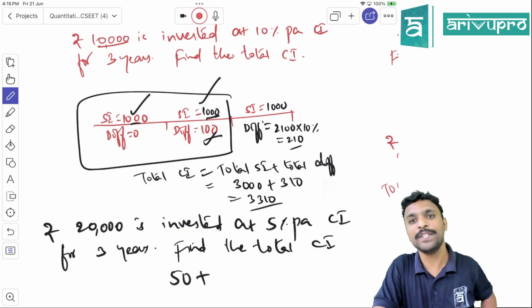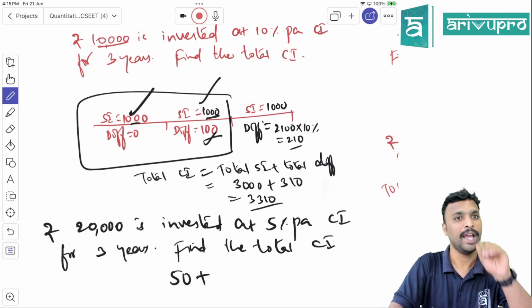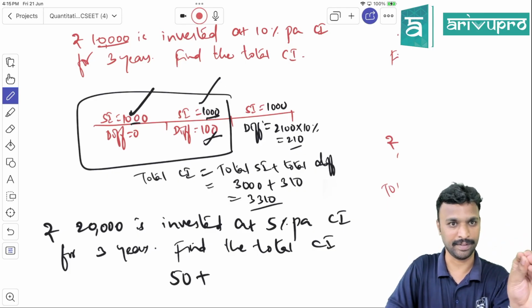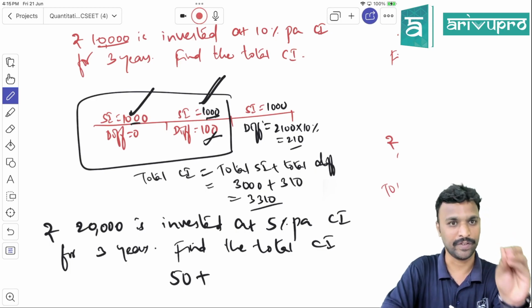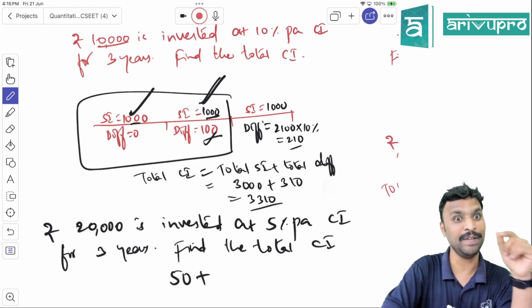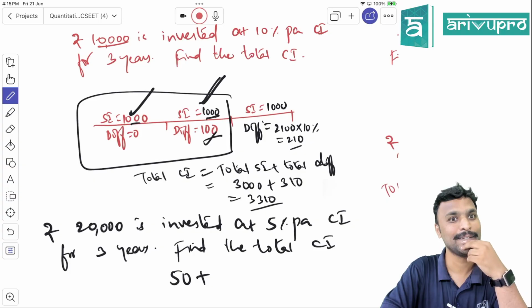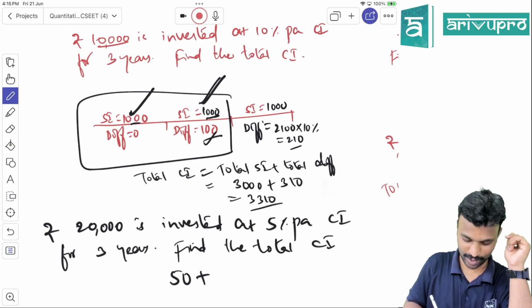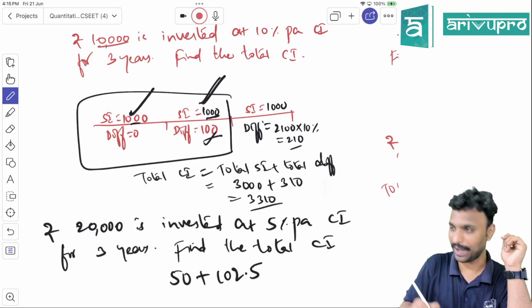Now the difference for the second year: 1000 is the SI for the first year. 5% on 1000 is 50, 5% on this 1000 is 50, so 100. 5% on 50 is 2.5. So 100 plus 2.5, 102.5.